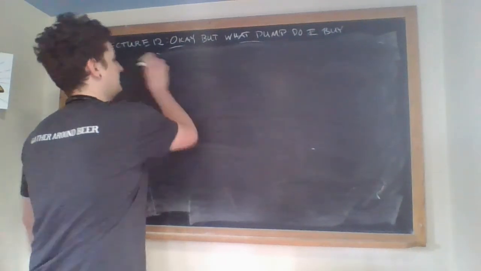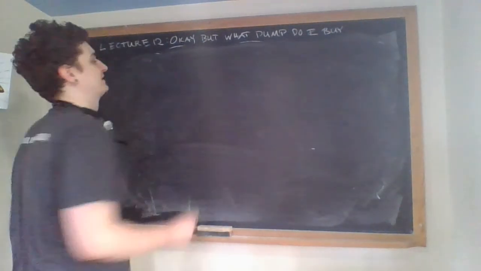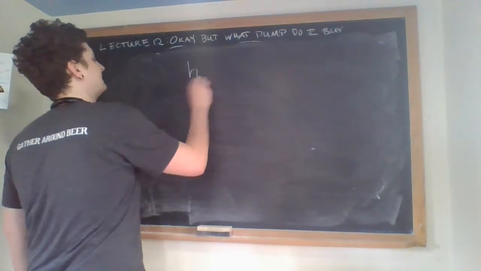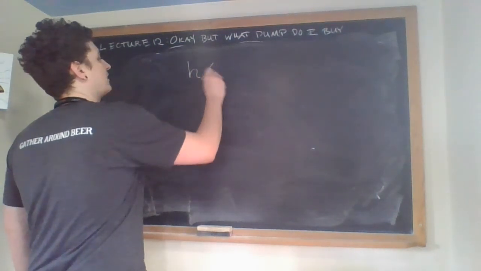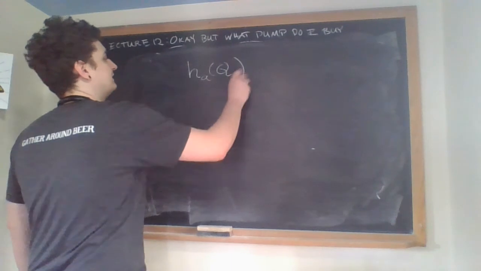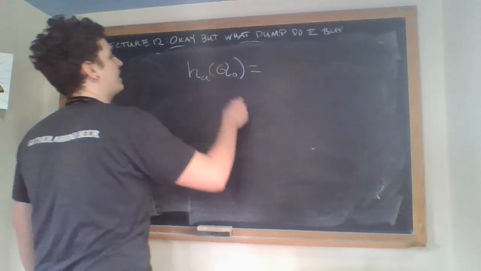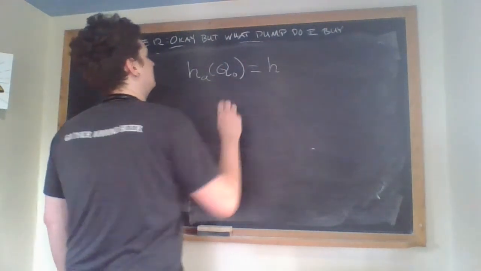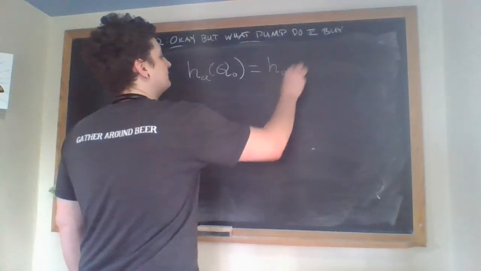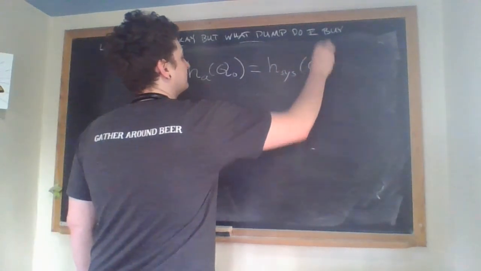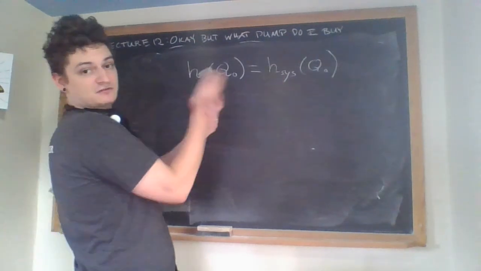Well, I think everyone can mathematically appreciate how to set things equal. You need to take the actual pump curve, which is a function of Q. This is the thing you're solving. Well, at Q naught, it's equal to, they're just setting two equations equal to each other, right?